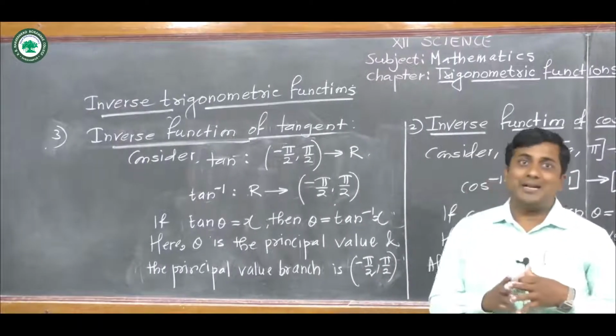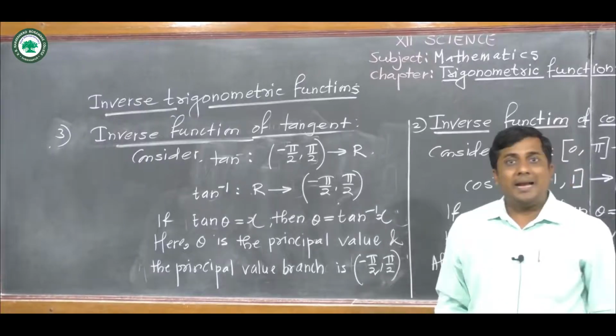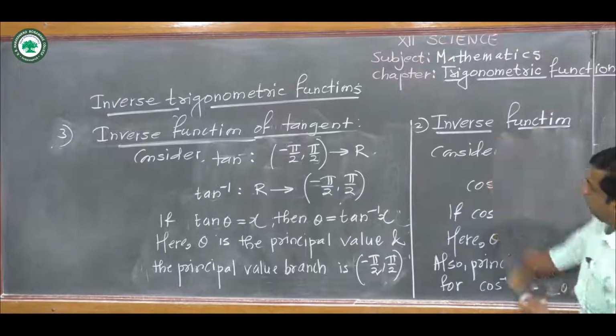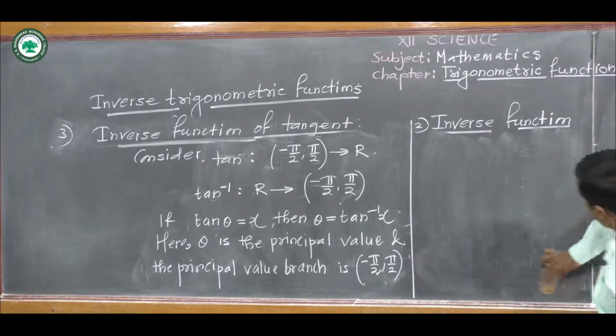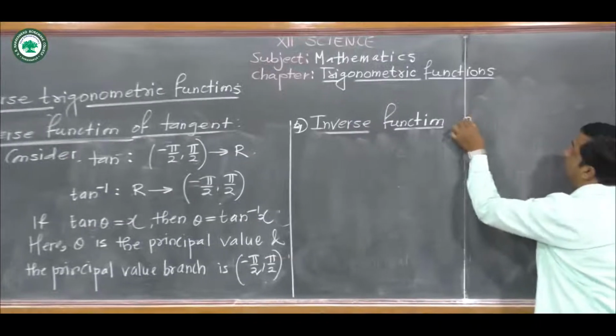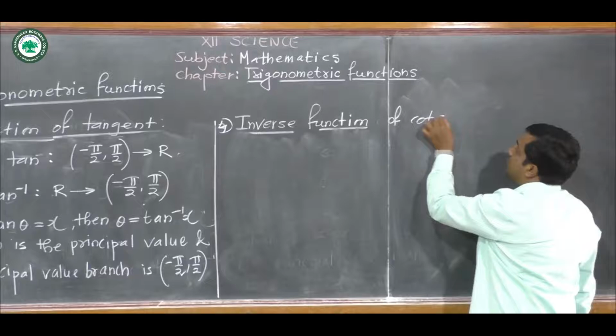Now we go with our next trigonometric function, cotangent. Here, in the fourth point, we consider the inverse function of cotangent.